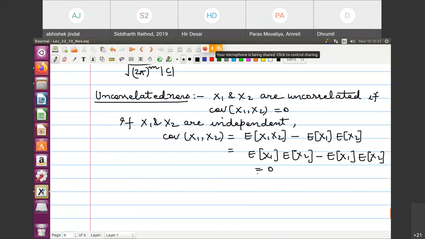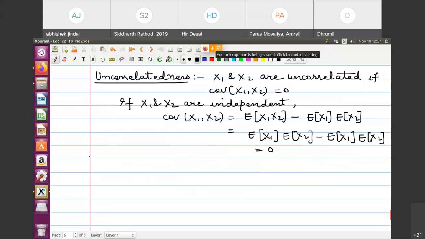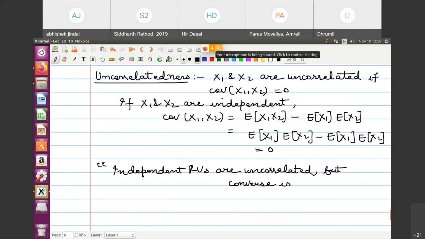And the important fact which I wanted to write down is that independent random variables are uncorrelated, but the converse is not true. This must be remembered.